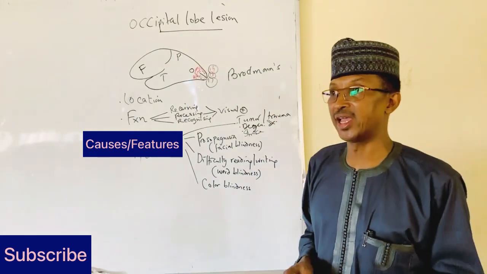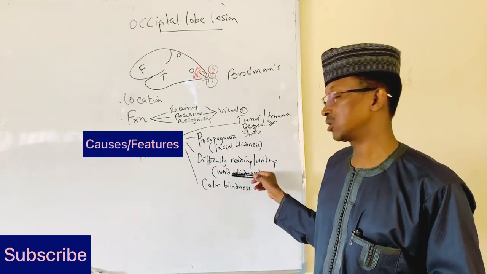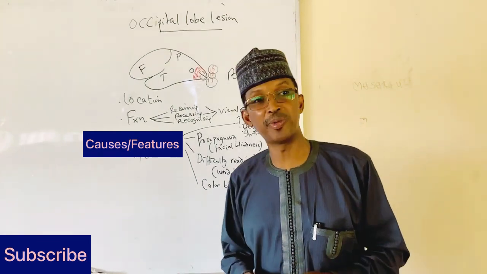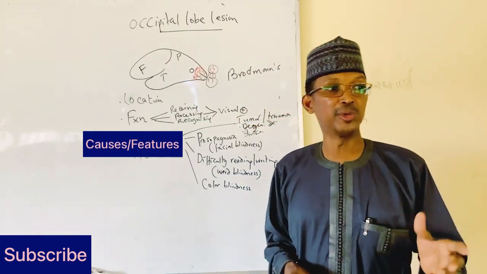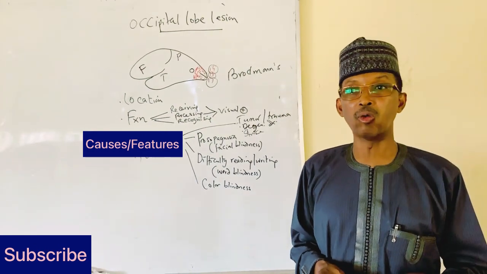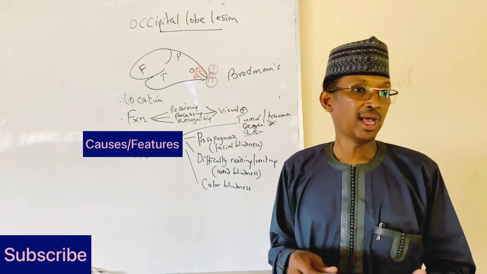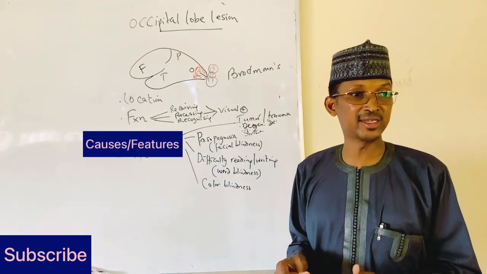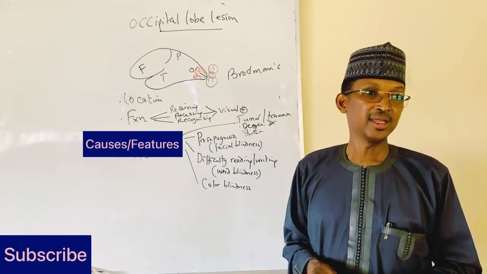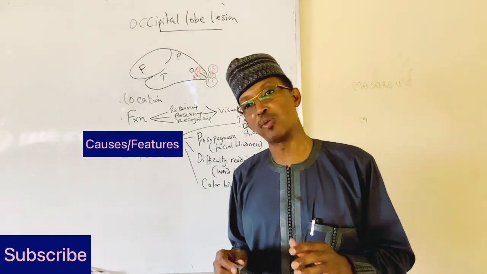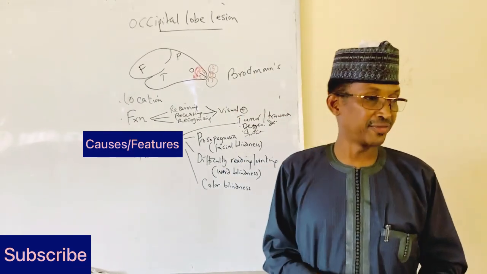And so somebody with this occipital lobe lesion will not be able to differentiate or understand the difference between red and blue, or black and white, or whatever. That person will have a problem with color identification.